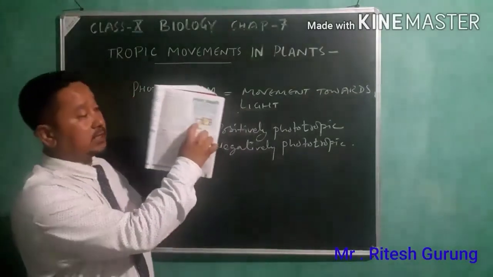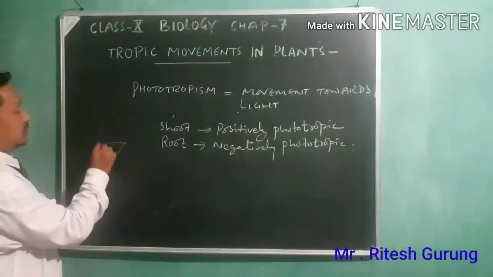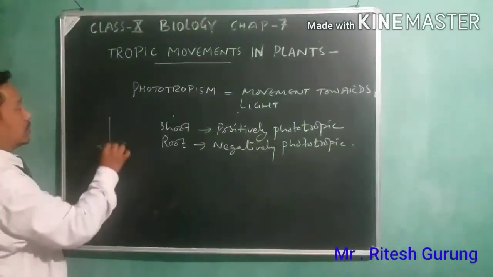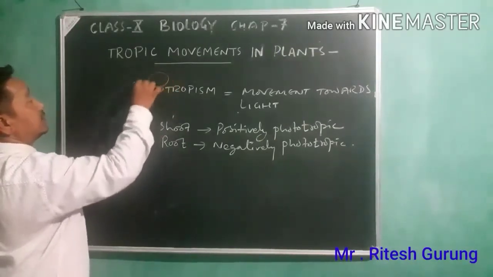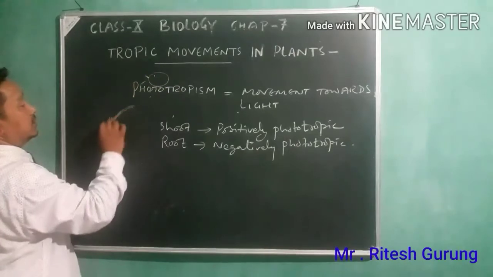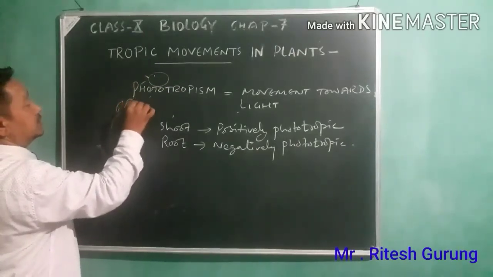Suppose this is a potted plant here. Suppose the source of light is here. You see the plant bending towards the source of light here like this.